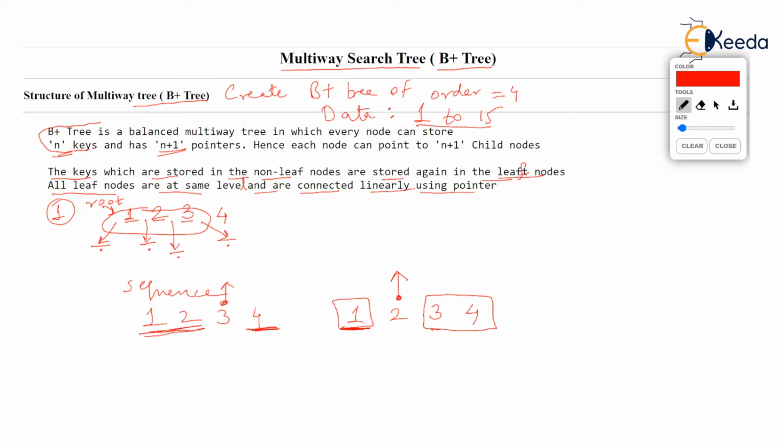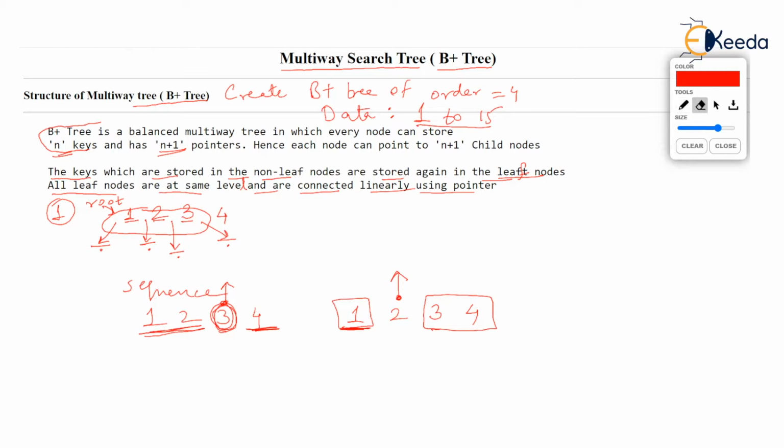Whatever you say, both are equal candidates to be median, 2 or 3. So it is left to us to decide who will be the median. Let's say 3 will be the median. We are going to take the third key out of the 4 as the median.